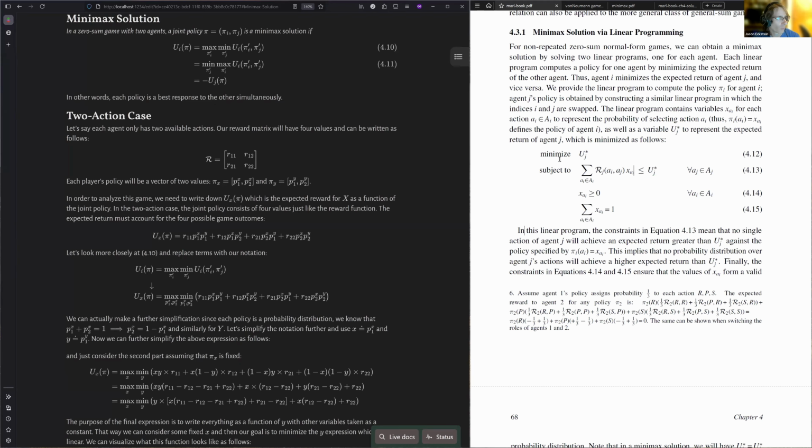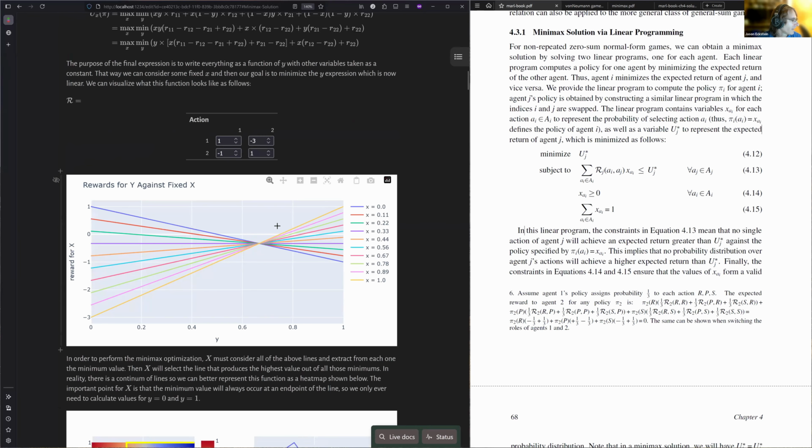Now, notice how there's no reference here to y, or to y sub ai, right? Just like when we ended up solving this, and I made the claim that we only have to look at the extreme values of y, like 0 and 1. It's the same thing in this linear programming problem, where we don't have to know anything about the policy of player y.